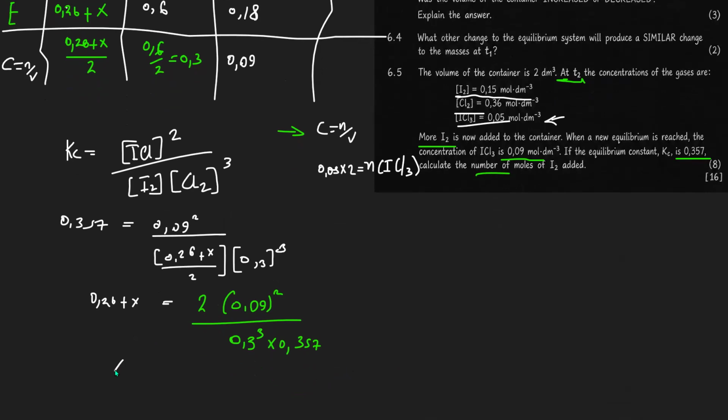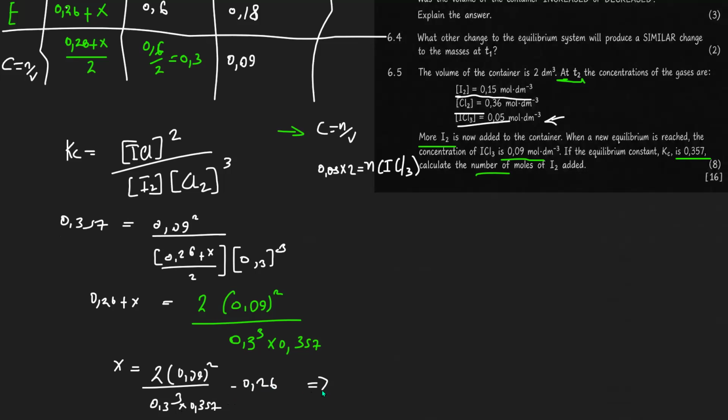So this X should be 2 multiplied by 0.09 all squared, divided by 0.3 all to the power of 3, multiplied by 0.357, and then minus 0.26. So this X is the number of moles that were added, mind you.